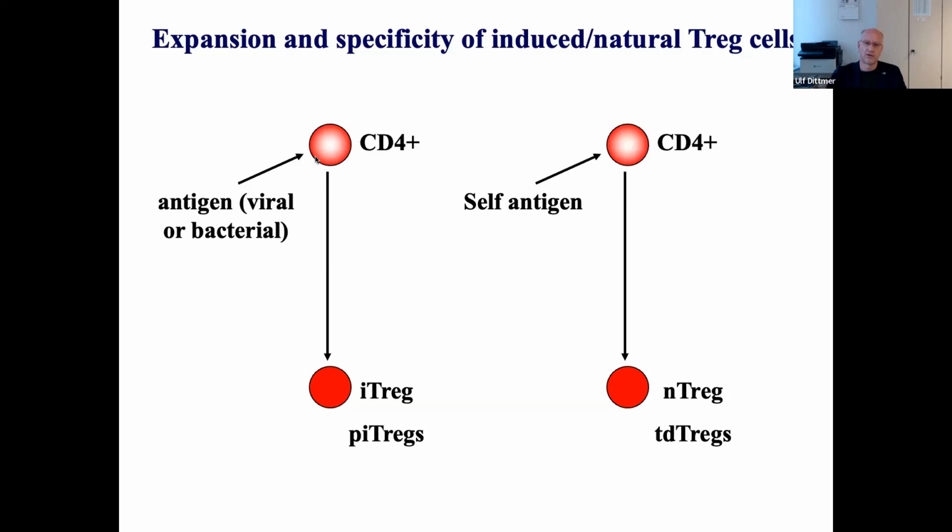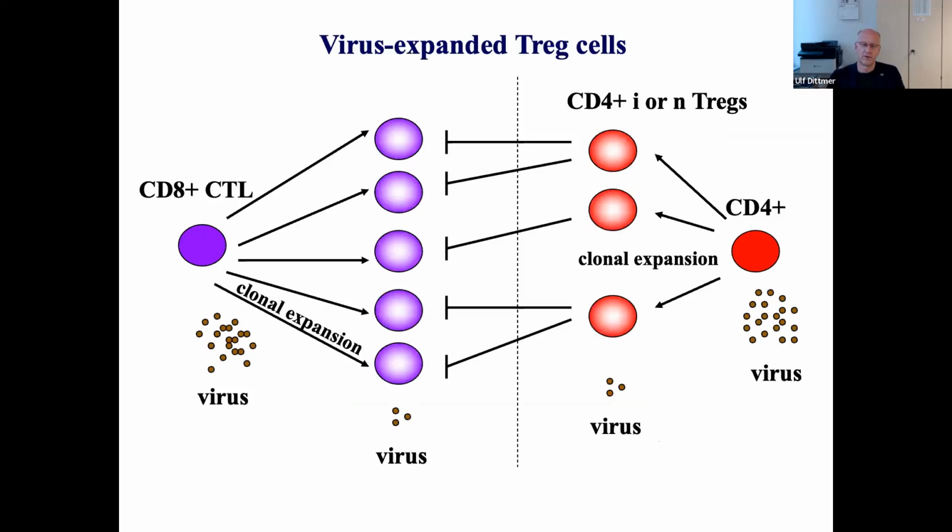Whereas induced or peripherally induced Tregs, they recognize foreign antigens, for example, viral antigens or bacterial antigens or neoantigens of tumors, for example. So tumor antigens can be self-antigens or they can be very rare neoantigens that are expressed because of mutations in tumor genes. So that's the current concept, that they have different sources of antigen that they recognize. And I will come back to that in a minute when I explain what we are working on.